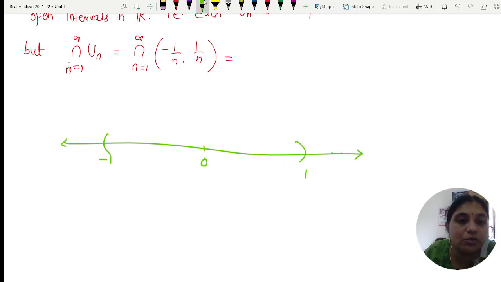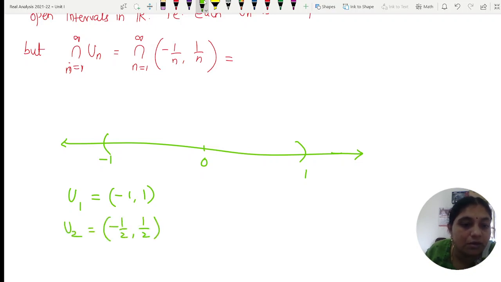Now for n equal to 2, what will be this? This is my U1, (-1, 1). What is U1? U1 is nothing but (-1, 1). What is U2? (-1/2, 1/2). What is U3? (-1/3, 1/3), and so on.